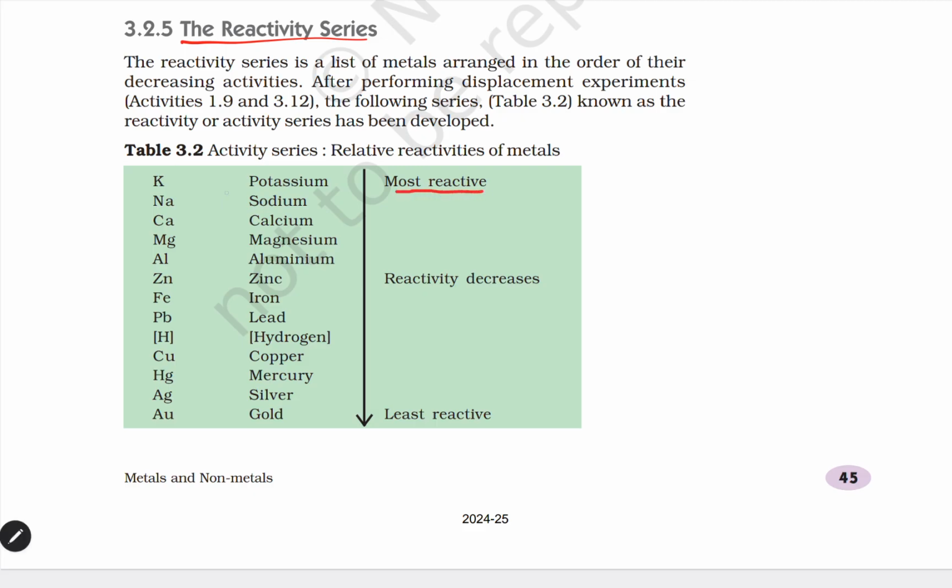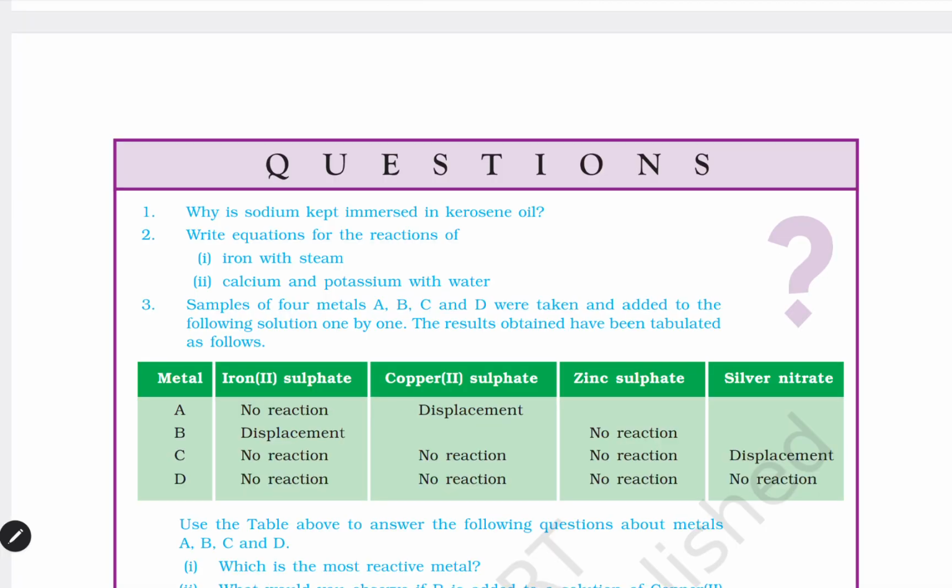The upper metals are the most reactive, and going down the reactivity decreases, and at the end you can see the least reactive metals. Metals like potassium, sodium, calcium, magnesium and aluminium are highly reactive, while copper, silver and gold are the least reactive metals.